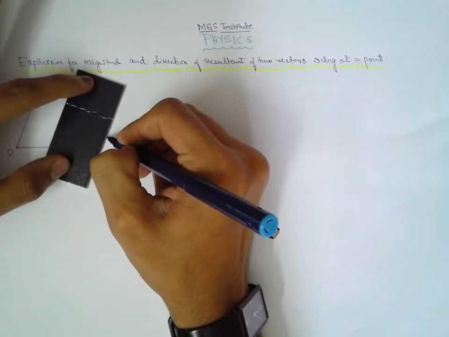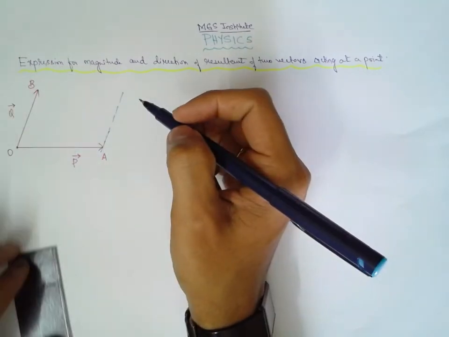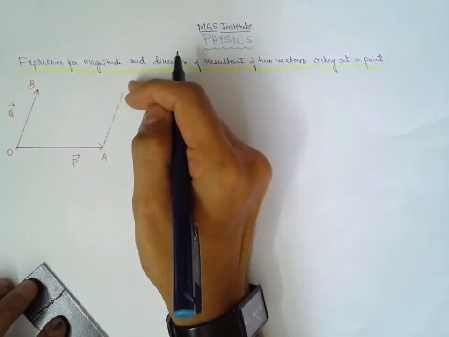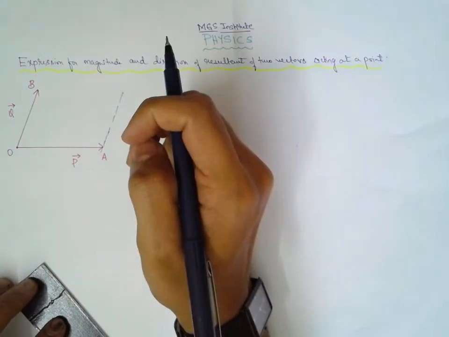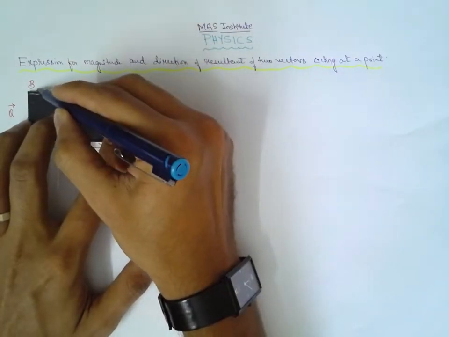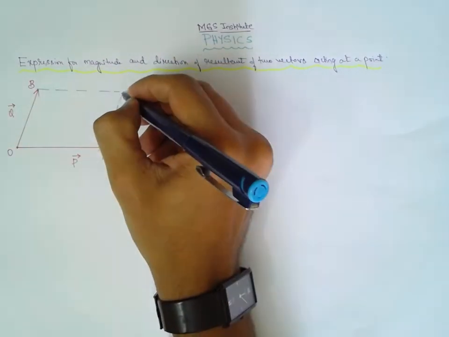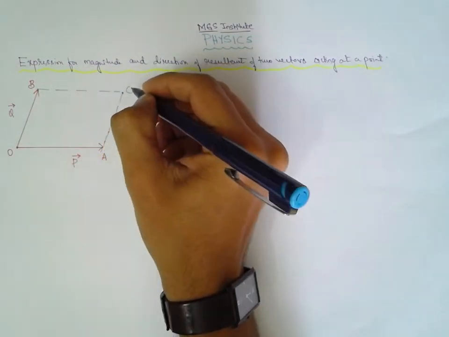Please learn how we draw the diagram, that's important. So that's parallel to Q. Then I will draw a line parallel to P. Let me call this point as point C.